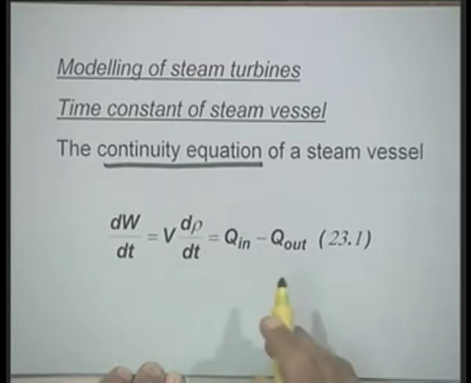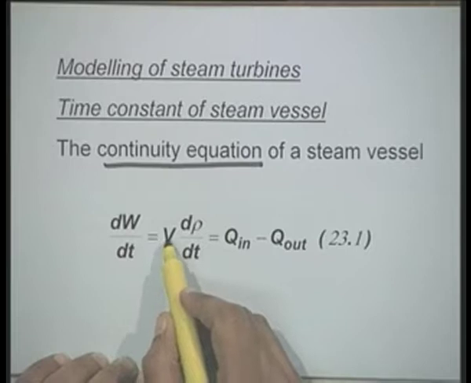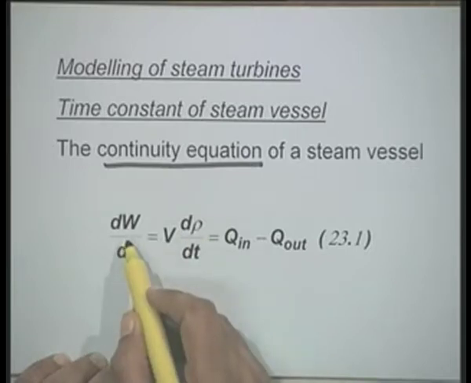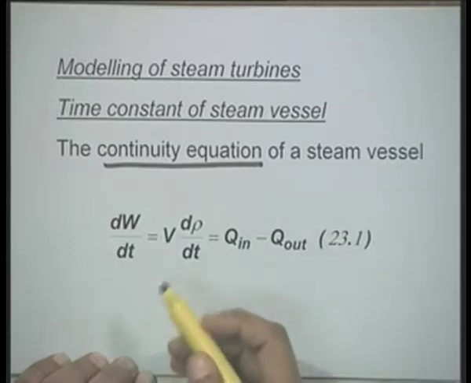The rho here is the density of the steam. We can say that it is the weight in kilograms per meter cube, and V is the volume. Therefore, V into rho is the total weight of the steam.